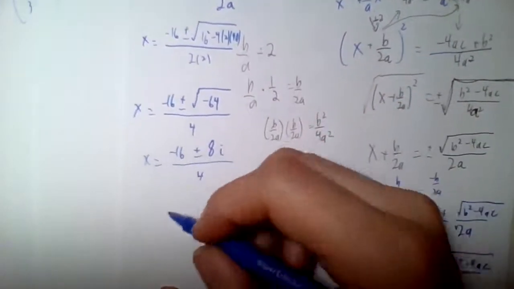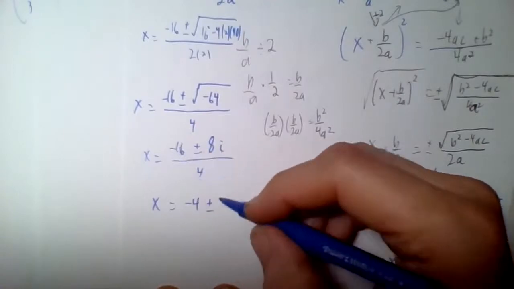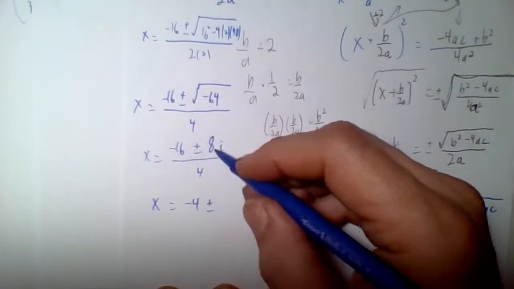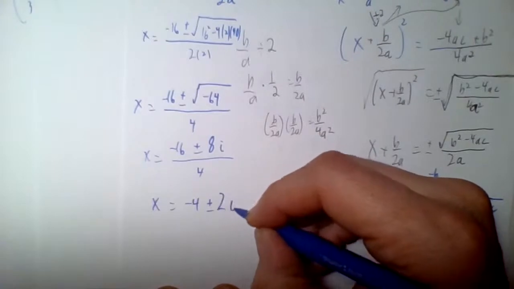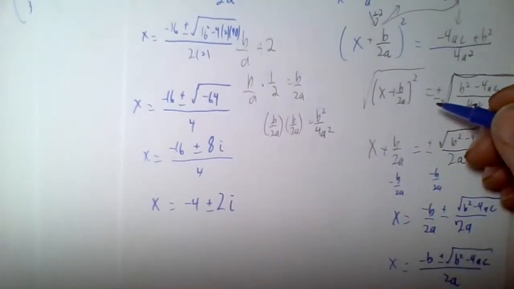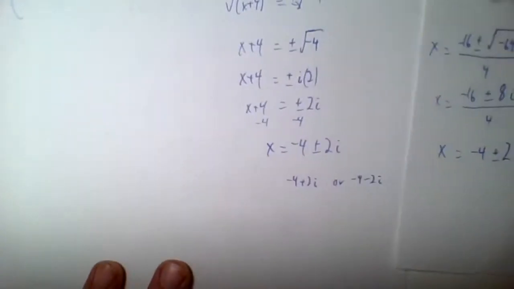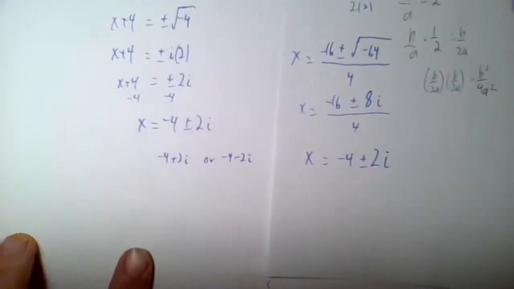Since these are both divisible by 4, negative 16 divided by 4 is negative 4. 8 divided by 4 is 2. So I got negative 4 plus or minus 2i. That's the same values that I ended up with when we did it by completing the square. That checks out okay.